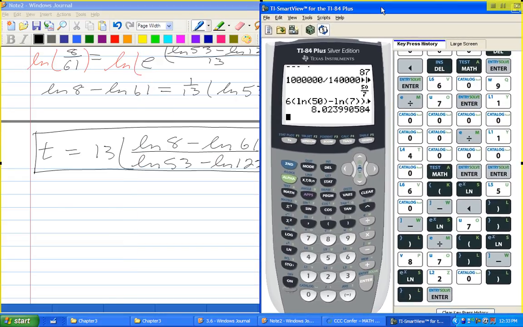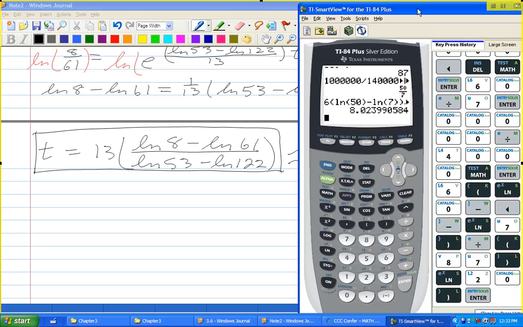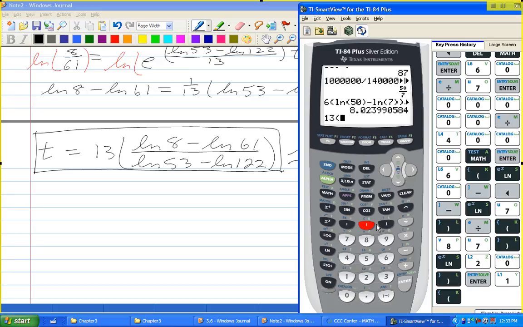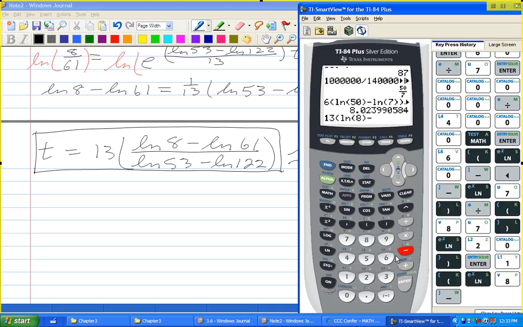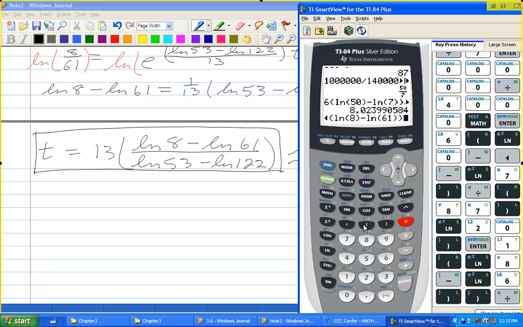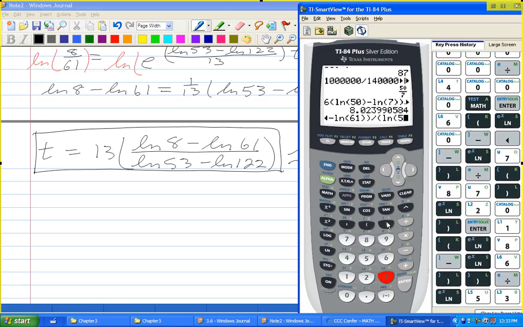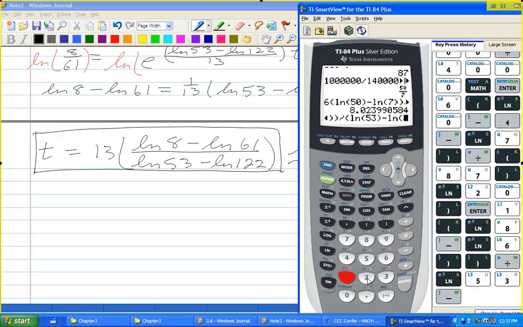So 13 times (ln 8 minus ln 61) divided by (ln 53 minus ln 122).